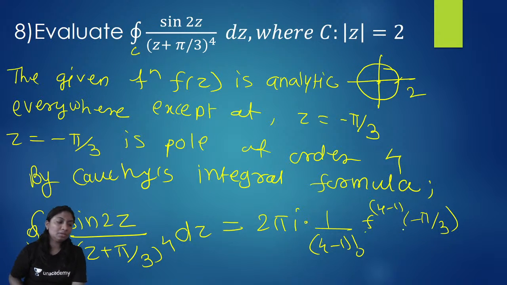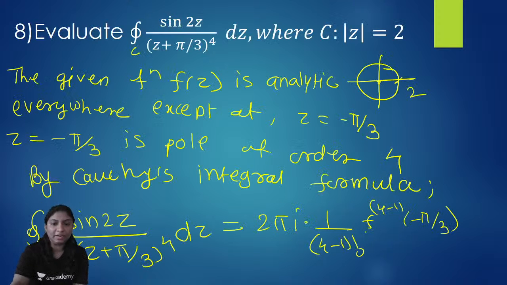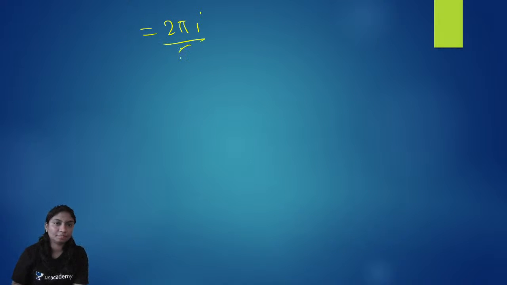Factorial 3 is 6, into f raised to n at a.